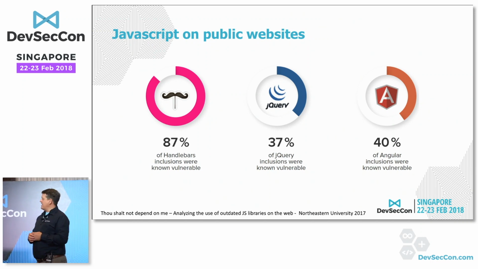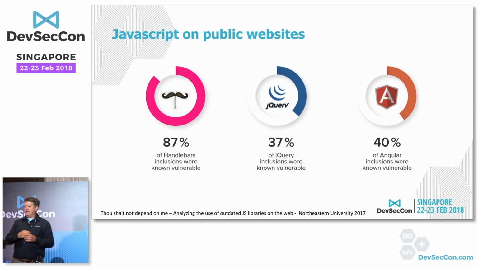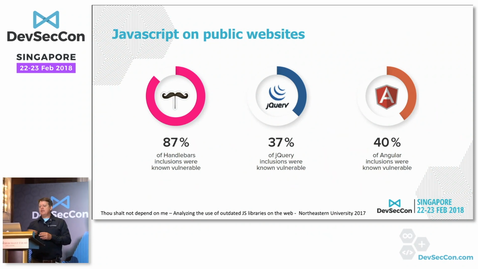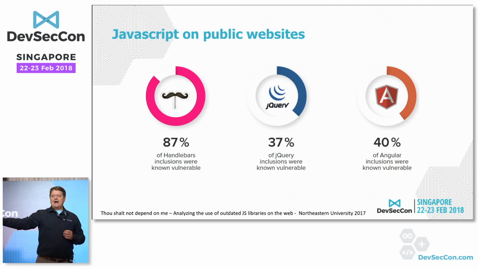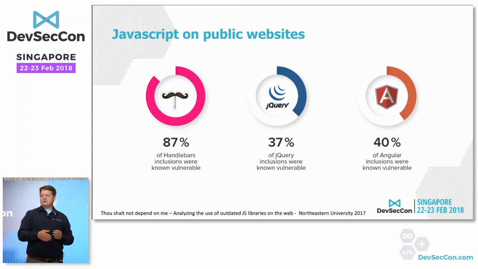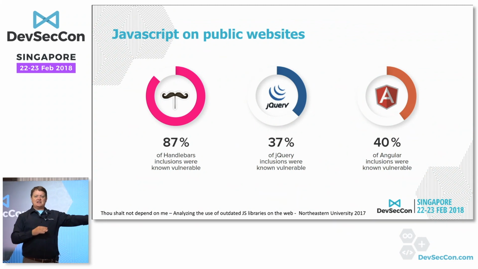And what you do as an organization when you use something like Handlebars, 87% of Handlebars releases are vulnerable, 37% of jQuery releases are vulnerable, 40% of Angular releases are vulnerable. As a matter of fact, if you're using Angular 1, you actually have no security fixes for the vulnerabilities in that. The team only put the fixes into Angular 2. They never backported them. They said that's end of life.